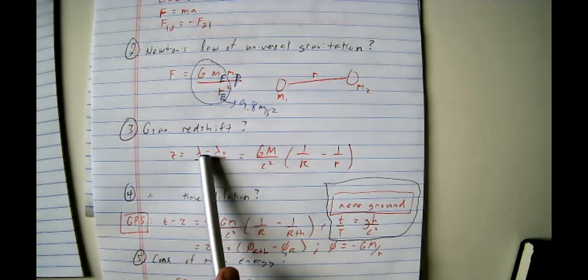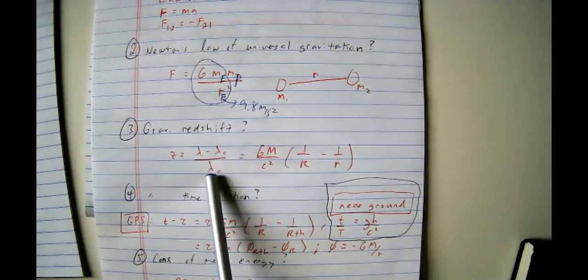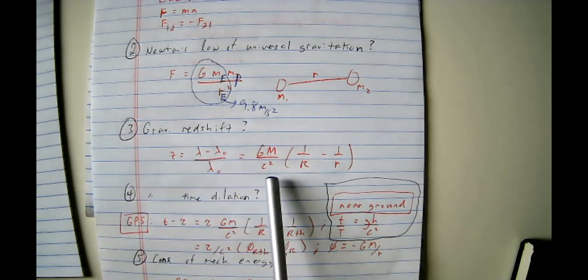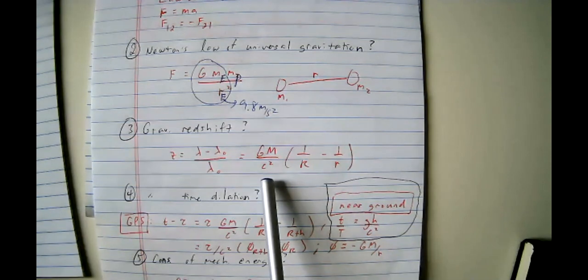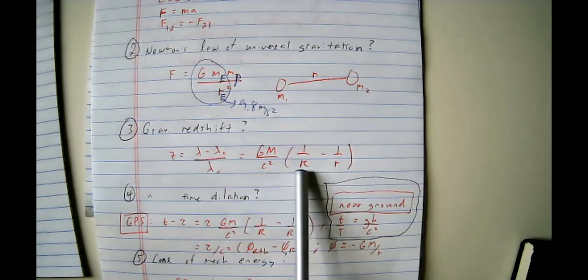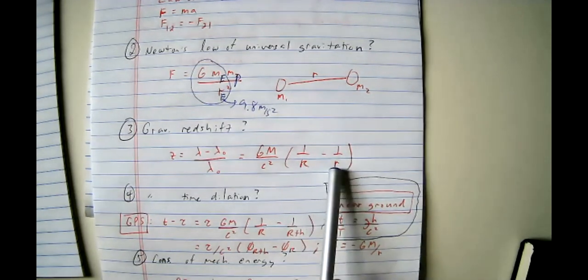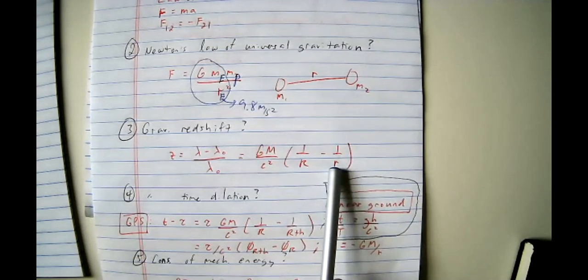And if you take that displacement and divide by the original emission, we see that it's proportional to the difference in potentials. The potential at the sun's surface and the potential at the position of the Earth.